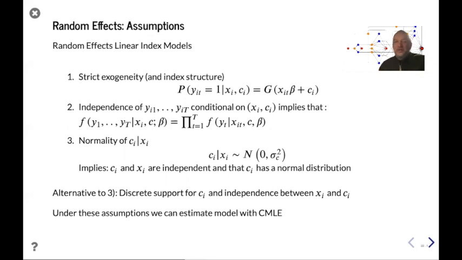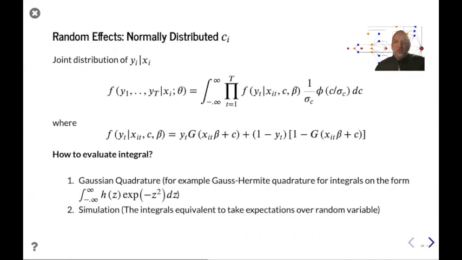You take this function, which depends on C, and you integrate over the support of that distribution. We integrate over CI by taking the density of CI, which is what we have here.